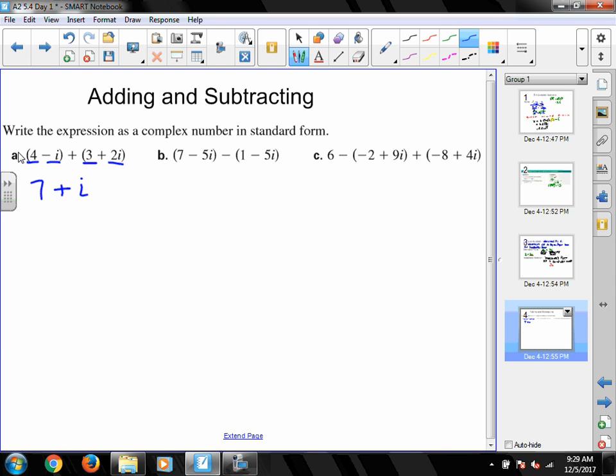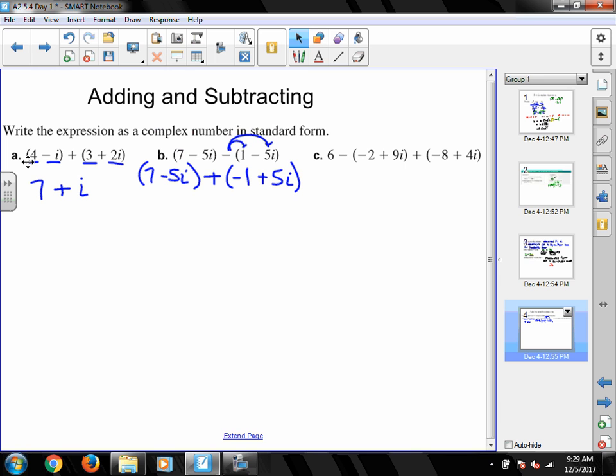B, we're going to talk about subtracting. I'm not good with subtraction. So what you can do when you subtract is you can change it to an addition problem. So I distribute this negative to everything inside here. So I get 7 minus 5i, and I'm going to change that subtraction to a plus, and then I'm going to take negative 1 plus 5i. And now it's the same process.